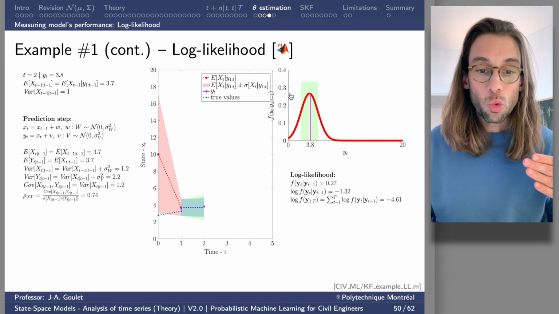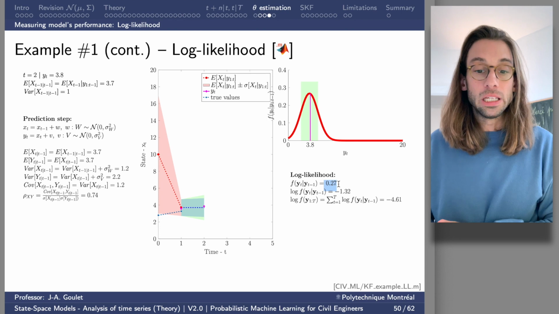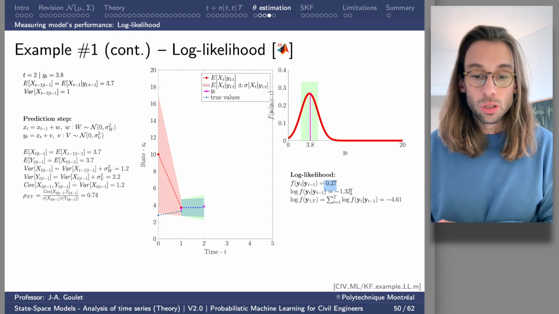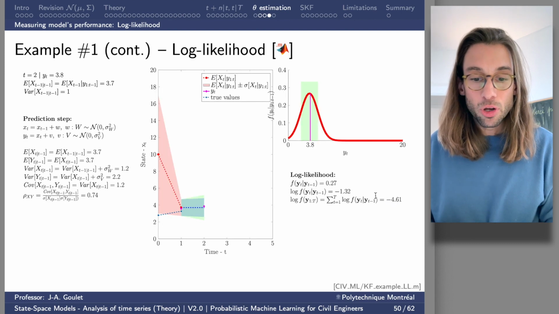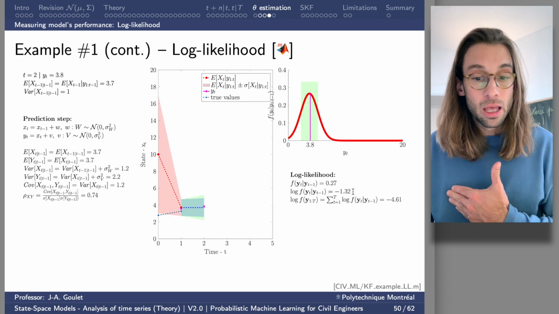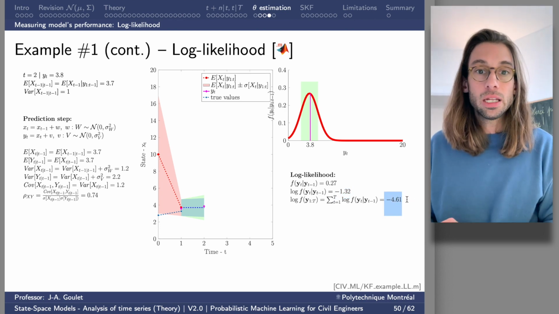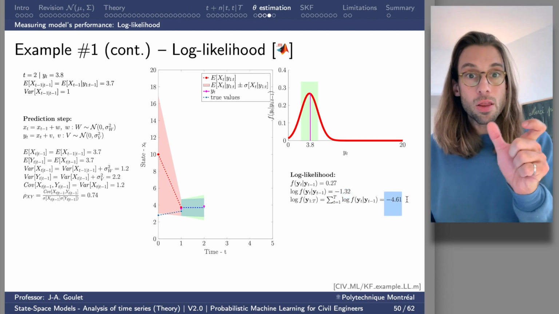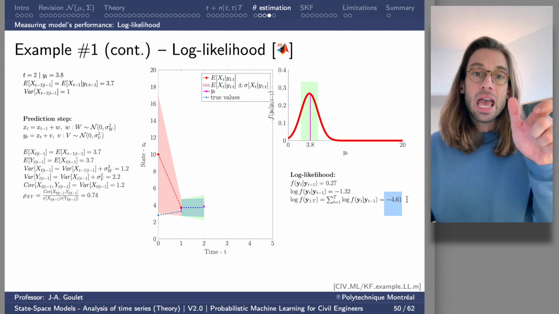This is 0.27. So this is my marginal probability density. I take the log, minus 1.32. Before I add minus 3.29, I'm going to add minus 3.29 minus 1.32, minus 4.61. Okay, this is my joint prior knowledge for observing x1 and y1 and y2.